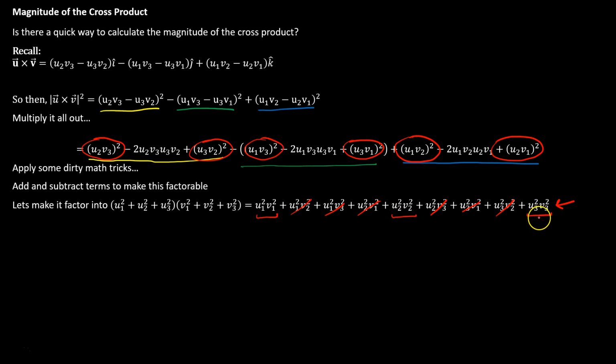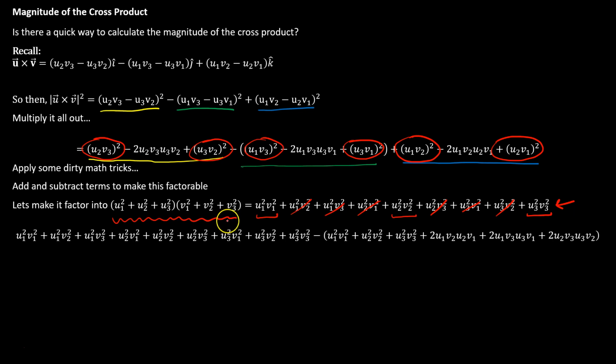So if we add those 3 to our equation, then we'll have all the terms we need to write this factored form. So let's go ahead and do that. If we add and subtract those terms, notice I've added the u1 squared v1 squared, the u2 squared v2 squared. Oops, that's not the right one. That is. And then the u3 squared v3 squared.